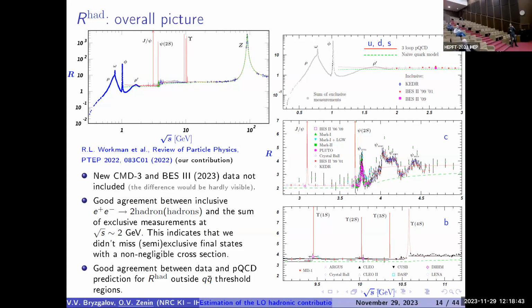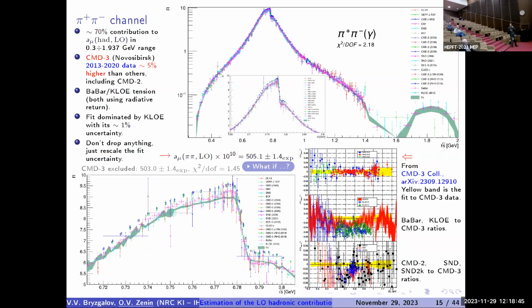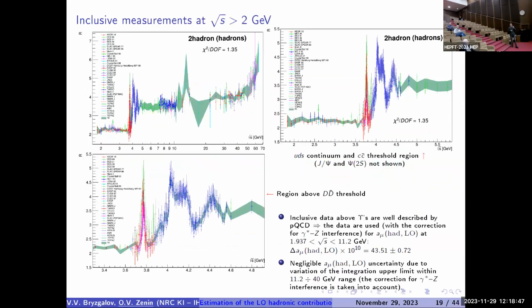I was really amazed. So we can try to look at the data points.